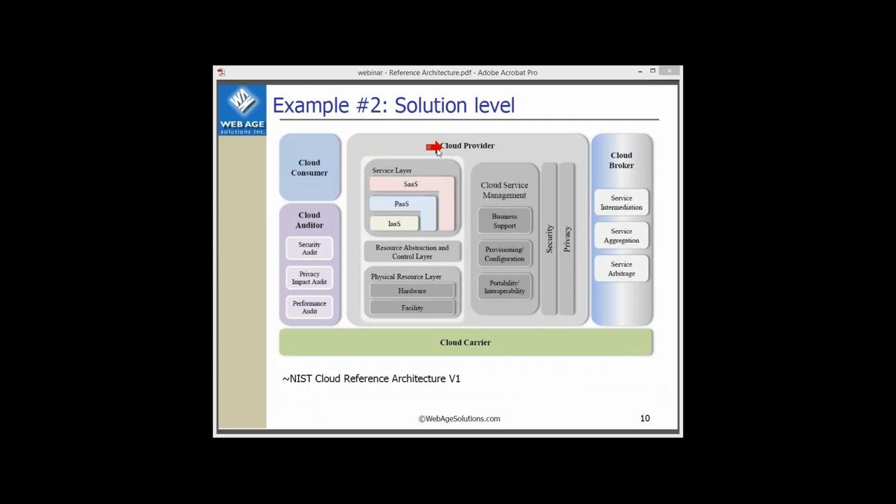And you notice the way this reference model is constructed. And again, just like the prior one, we see that there's a lot of simple entities represented here.